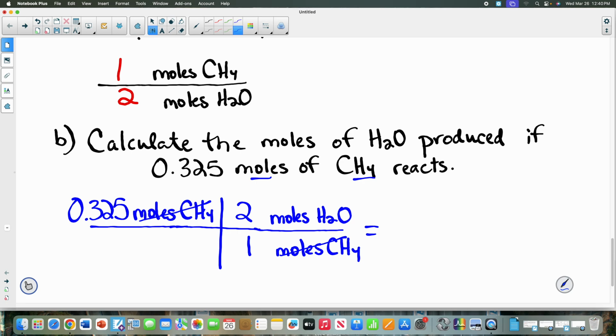Okay, so then my math here is just 0.325 times 2 divided by, what was that? Okay, 0.650, no naked numbers.